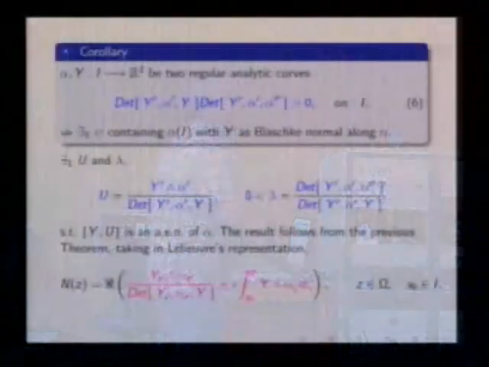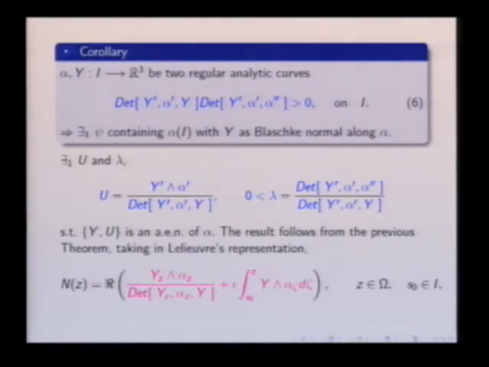In fact, as y prime, alpha prime, and y are linearly independent, then it is possible to get in a unique way from the above equation u and lambda, so that the immersion can be recovered using the corresponding affine conormal vector field in terms only of y and alpha along the curve. So that formula gives us also another way to represent the corresponding affine maximal surface.